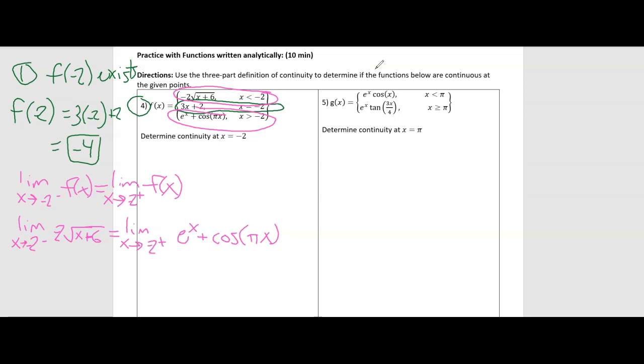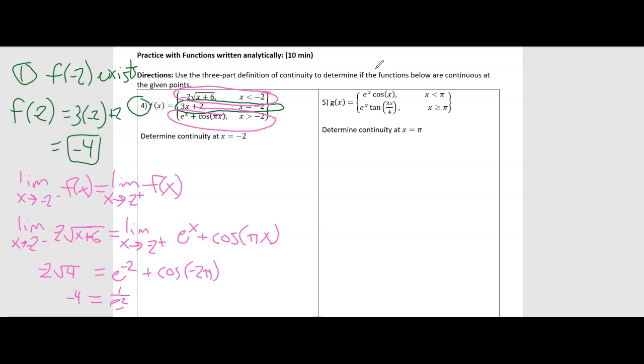Okay, so if I substitute in -2 over here, I get -2 times the square root of 4, because -2 plus 6 is 4, is equal to e to the -2 power plus cosine of -2 pi. This is going to simplify to -4. And the right-hand side is going to be 1 over e squared.